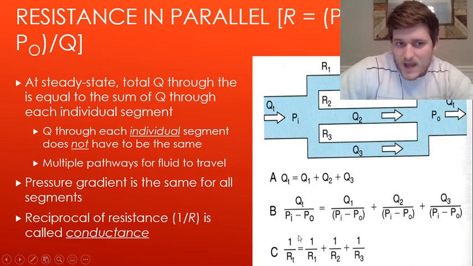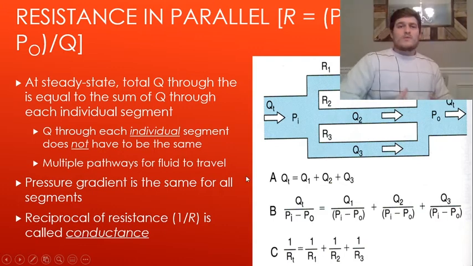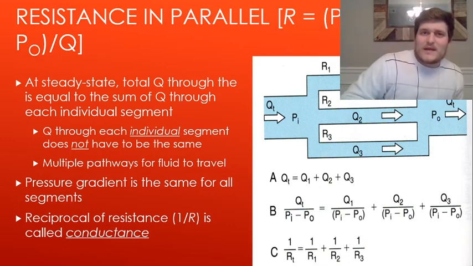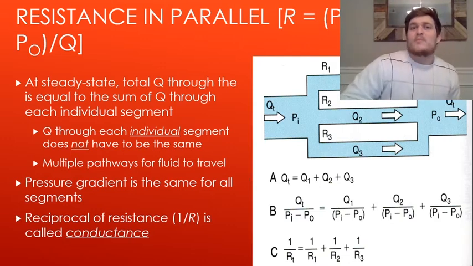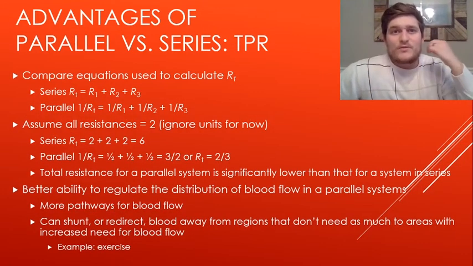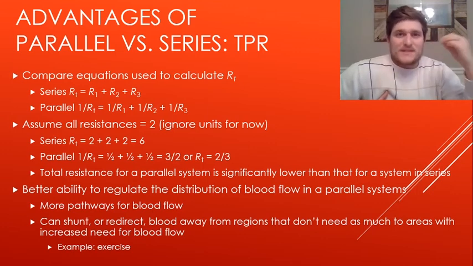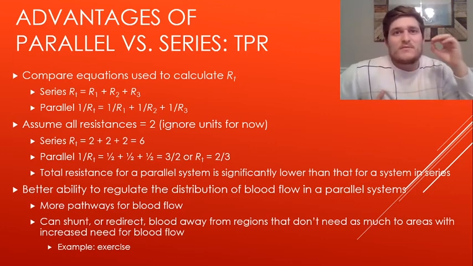And so the conductance is equal to the sum of the conductance of each individual segment. And so what we see overall is that resistance is higher in a series setup than compared to a parallel setup. So let's use some math to show how a parallel system has less resistance than a series system.